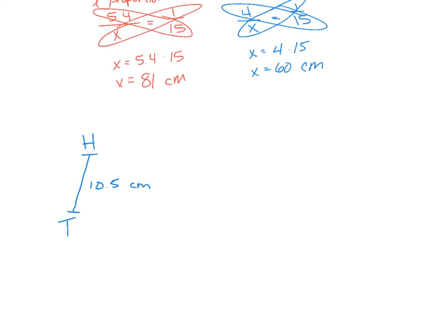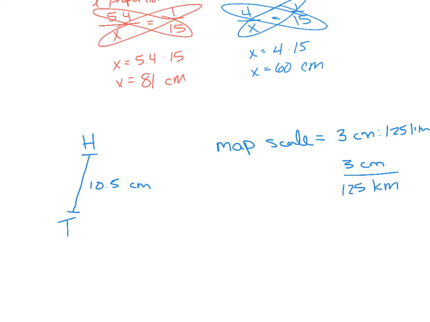The map scale equals, and sometimes they'll do this, 3 centimeters dot dot 125 kilometers. But you can write that as 3 centimeters over 125 kilometers.